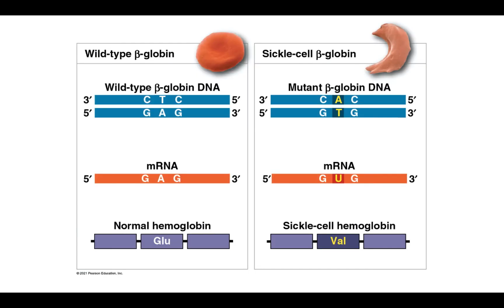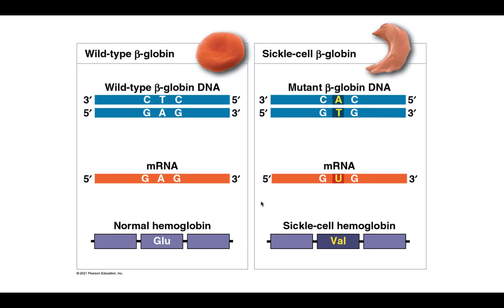We have another example here, where within the gene of beta globin, so here we're looking at the beta globin gene in DNA, and this is the normal sequence here that gives rise, right, GAG in the gene strand gives rise to GAG in the messenger RNA, which encodes a glutamate. And that's the normal hemoglobin protein.